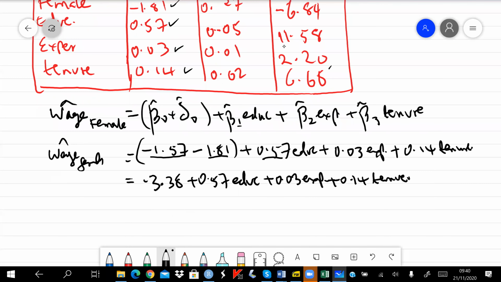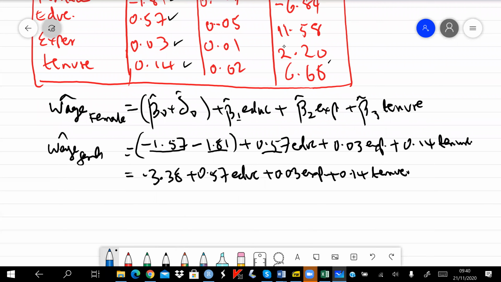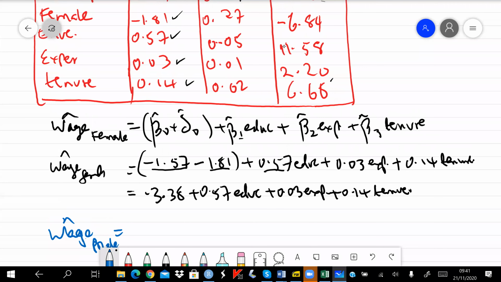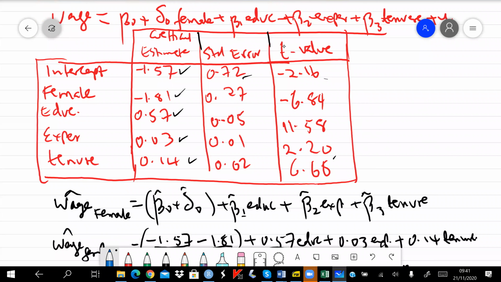And for the males, we do the same thing. For males, the wage estimated for the males will be equal to, now where we have D naught, here we put 0. In this model here we put 0.